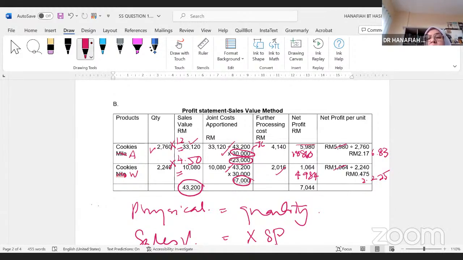I've done a wrong calculation here. All right, so joint cost 23,000.